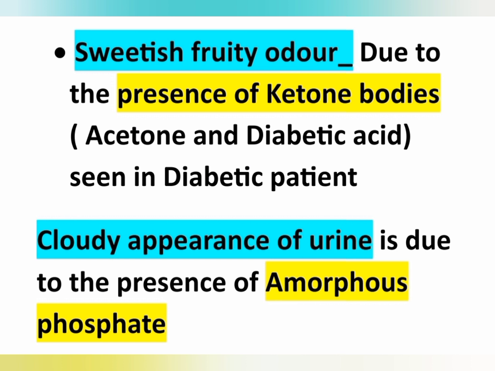Ketone bodies means acetone and diacetic acid. Okay, it is seen in diabetic patients. Sweetish fruity odor. And cloudy appearance of urine is due to the presence of amorphous phosphate. Cloudy appearance of urine. Sweetish fruity odor in case of ketone bodies.